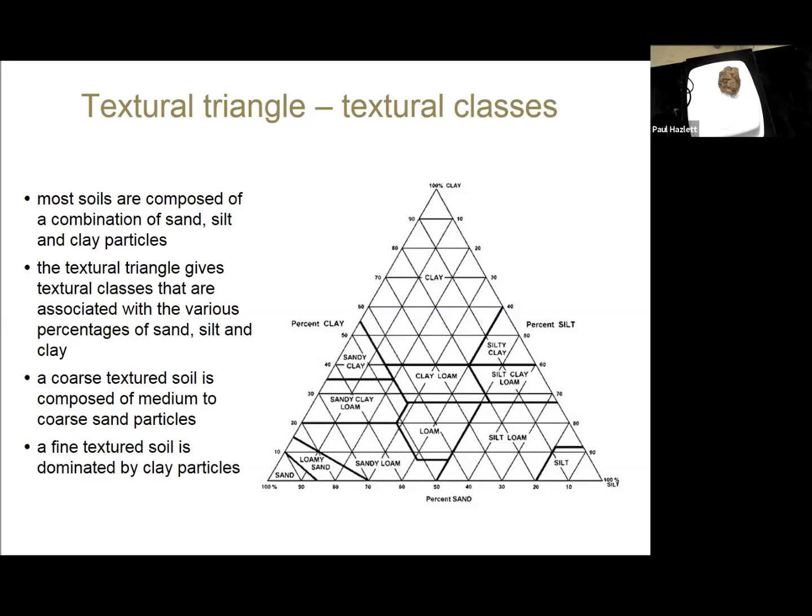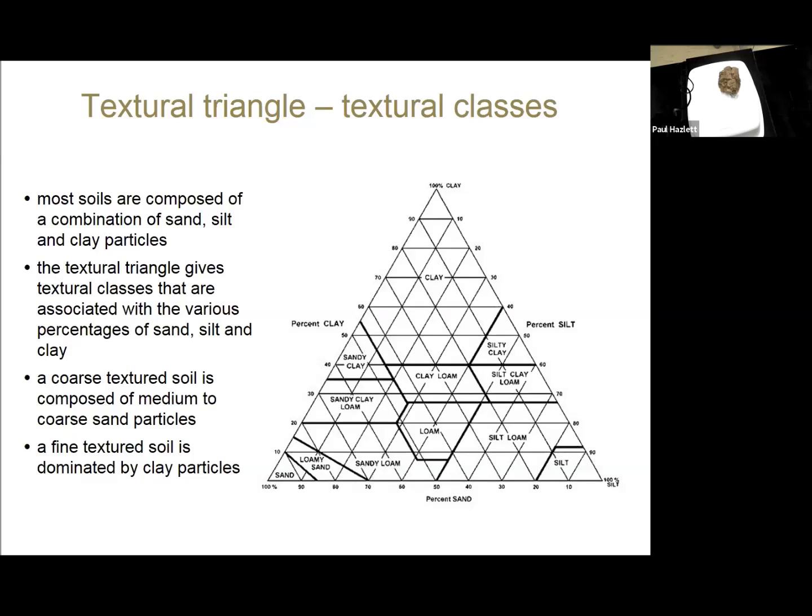On the left-hand axis that says percent clay, the horizontal lines running across this textural triangle go from 0 at the bottom to 100% clay at the top. On the right-hand side, we've got the percent silt.